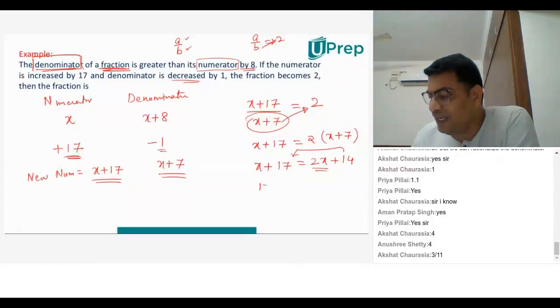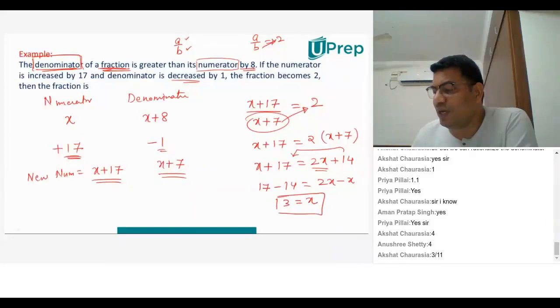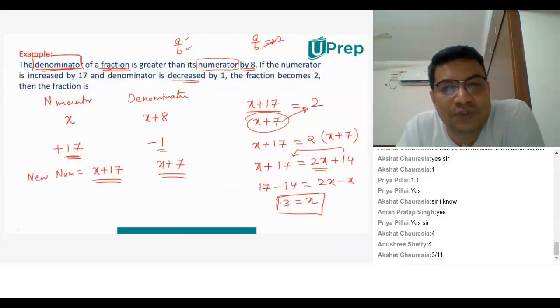So it will become 17 minus 14 is equal to 2x minus x. 17 minus 14 is 3, and 2x minus x is x. So you get 3 is equal to x. That means you got the value of x is equal to 3.